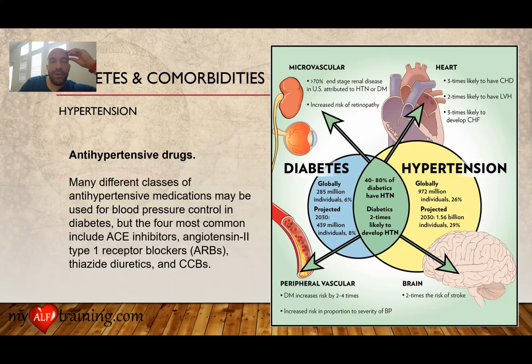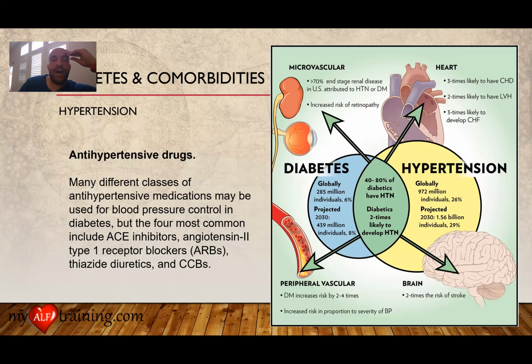40 to 80%. So in the beginning of the presentation, I included that excerpt from the American Diabetes Association, where it talked about how 25% to 35% of patients living in a long-term care facility will likely have diabetes. So out of 100 patients in a long-term care facility, let's just call it 25 of them will have diabetes.